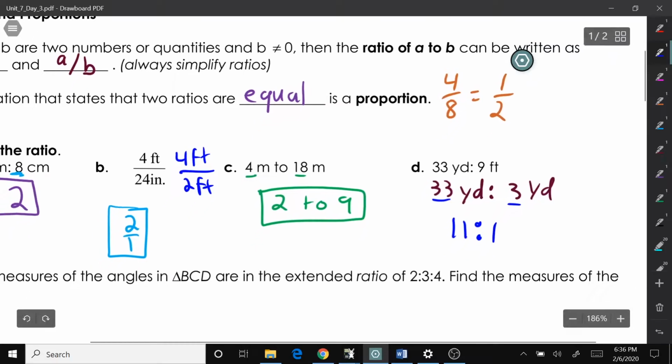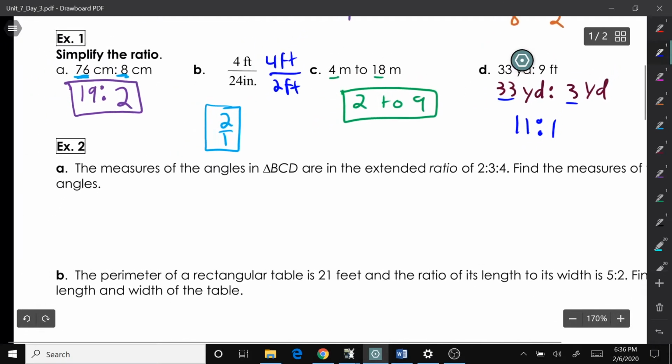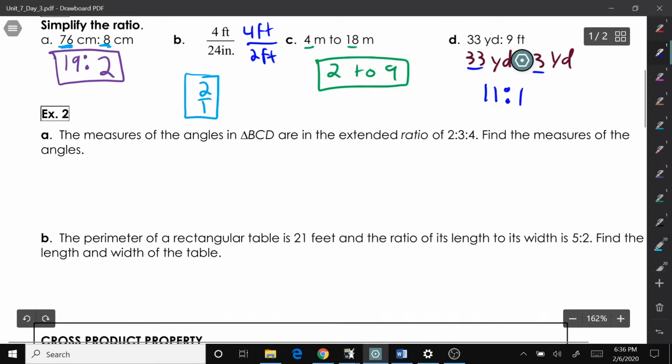Alright, let's look down at this example. And we've done problems that are similar to this before, just worded a little bit differently. So it says the measures of angles in triangle BCD are in the extended ratio of 2 to 3 to 4. Find the measures of the angles.